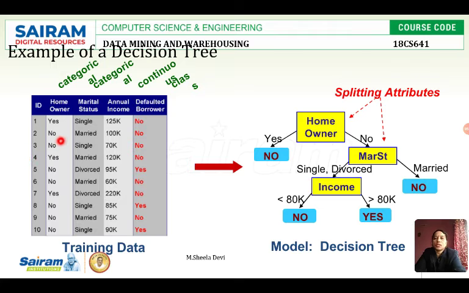In the second transaction, no, he is not having a house, but he is also not paying. Here also no. Yes, he is the homeowner, he is not paying. He is not the homeowner, but he is paying. Yes, he is the homeowner. He is not the homeowner, but he is not paying.